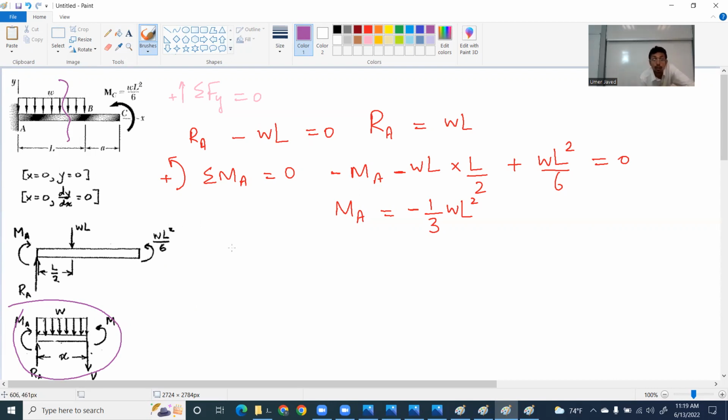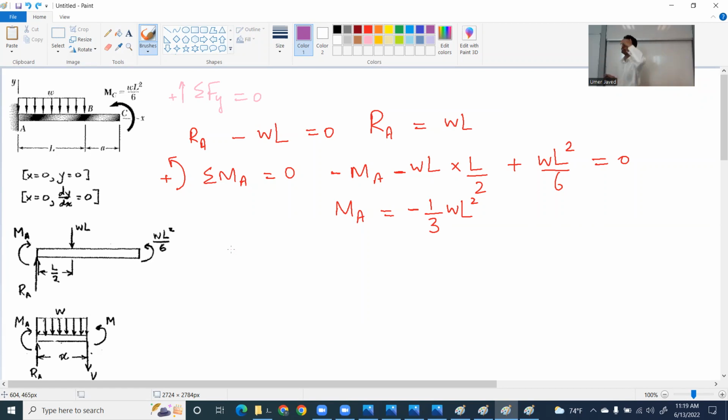Is X lower than L divided by 2, or greater than L divided by 2? X is greater than or equal to 0 and X is less than or equal to L.